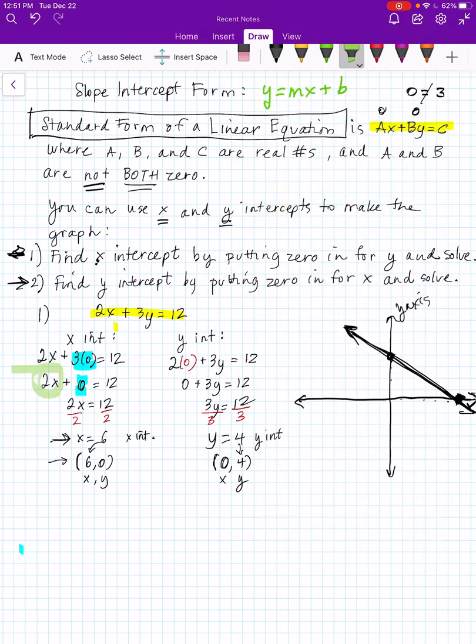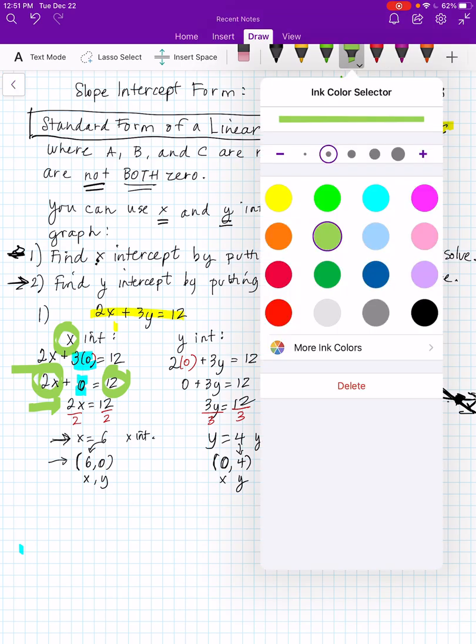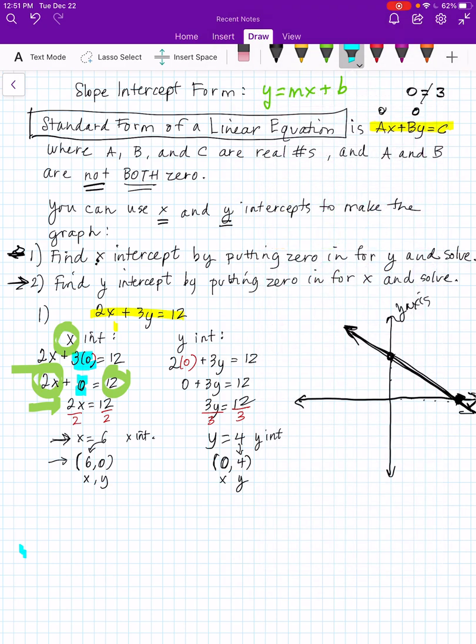I was left with the x term equal to c, 2x equals 12. Now notice when I was looking for my y-intercept, I put 0 in for x, and notice what happened. It became 0, it disappeared.